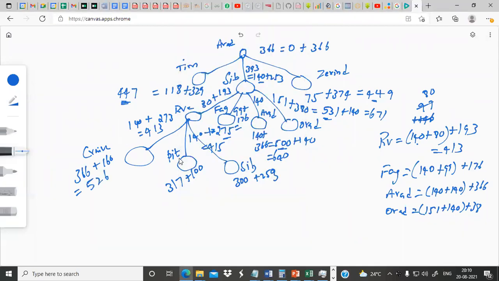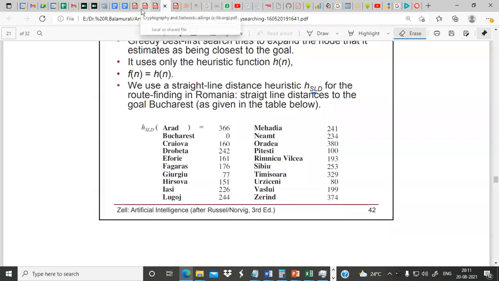This is 317 plus 100, which is 417. Next, this is 300 plus 253, that is 553. Okay, so let us check whether we are traveling in the correct direction or not.